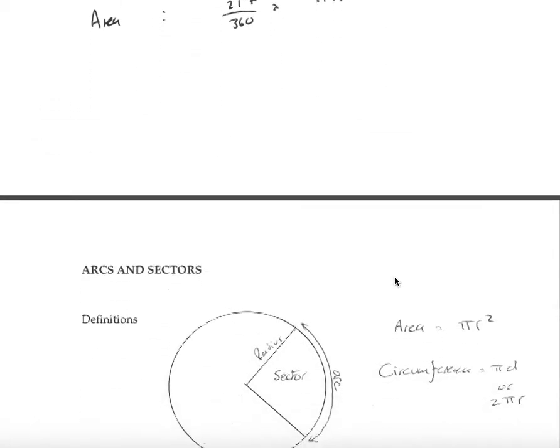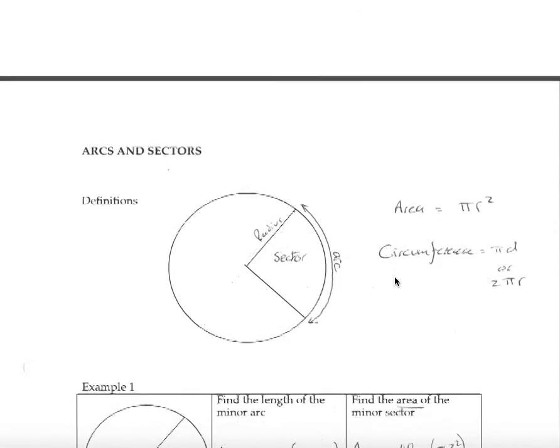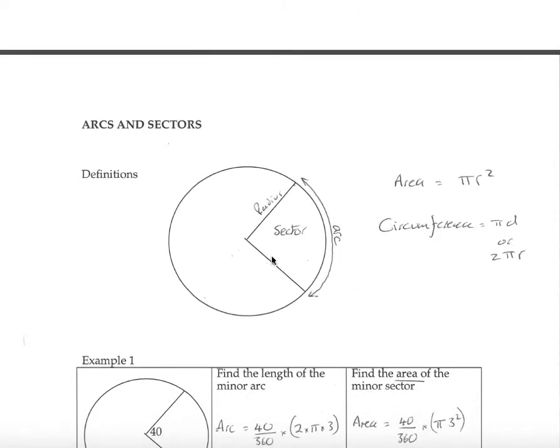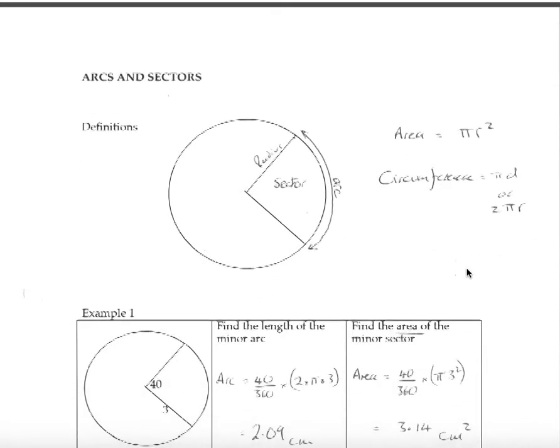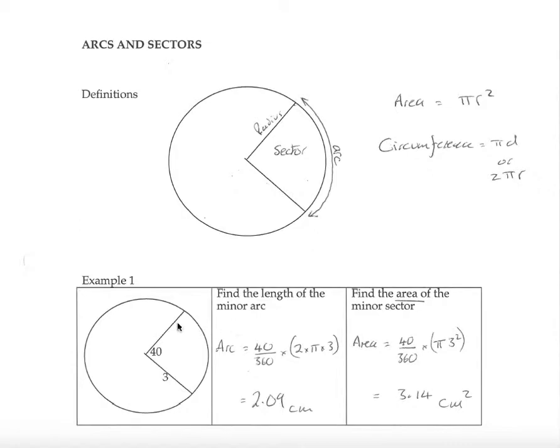So to summarize that, in your course notes here, got a little reminder of the terminology: radius, sector, arc, and the various formulae. Area is pi r squared, circumference is 2 pi r, or sometimes written as pi d. If I wanted the length of this arc, the fraction of the circle that I've got is 40 degrees out of 360 degrees.